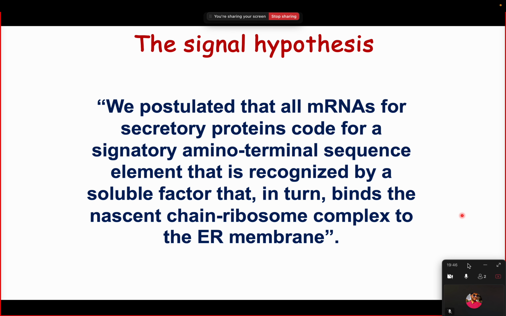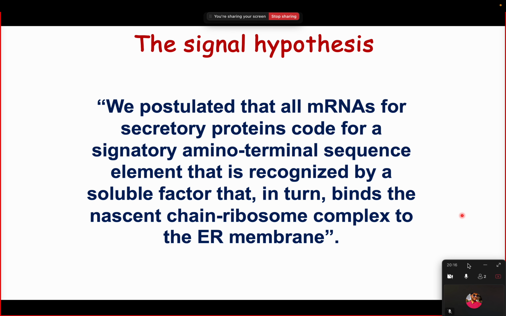Now why are we saying it is amino terminal sequence? Because protein translation takes place from N terminal to C terminal. Correct? So after few minutes or seconds into the translation, the machinery which is being sent towards the ER should have something different towards the N terminal, which is being recognized by something which is present in the cytosol, which is directing this whole machinery towards the ER, right?